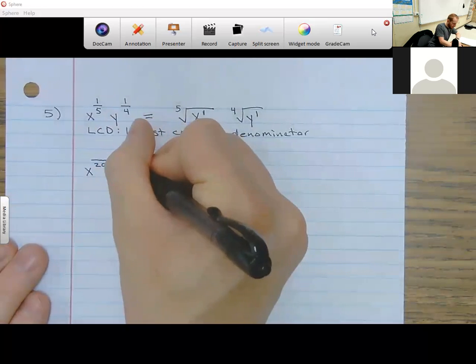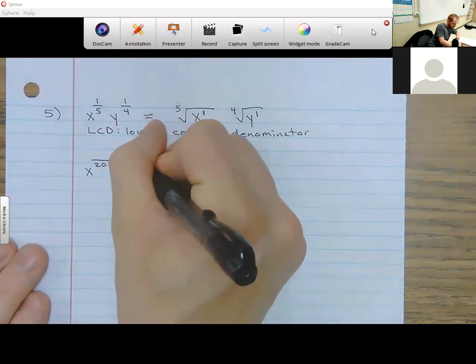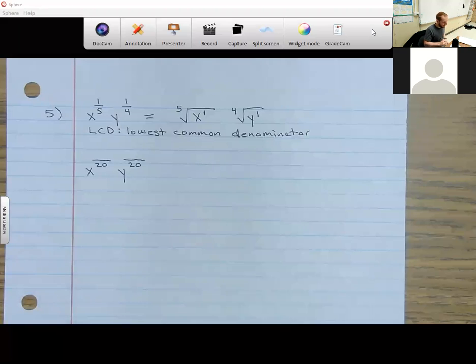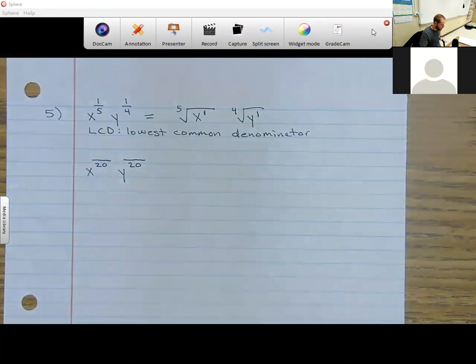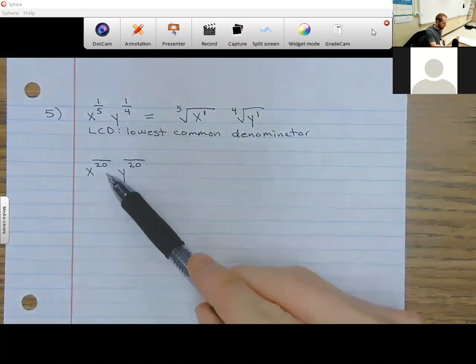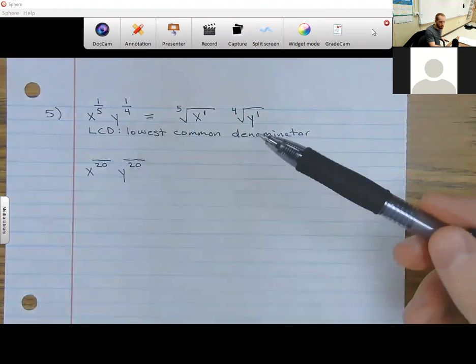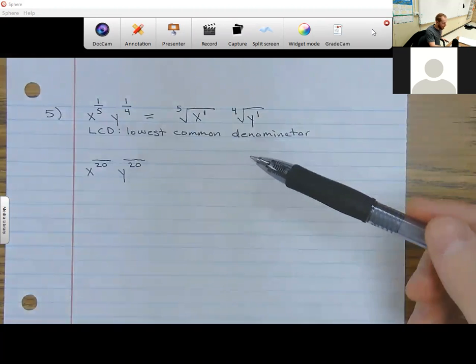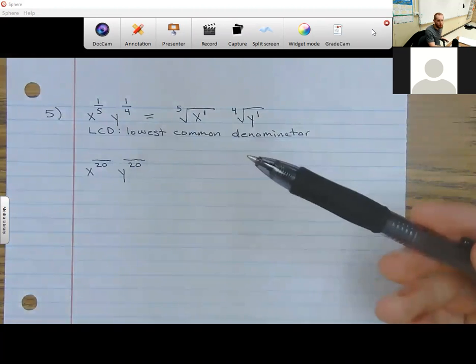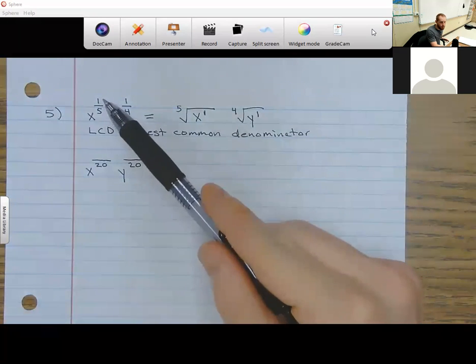Okay, so I've got x and I need a y. I'm still going to have two fractions, but the denominators have changed. They've changed both into 20. So what's the first fraction going to be? How do I get from 5 to 20? I multiply by 4, so I need to multiply the top by 4 as well. What's 1 times 4?